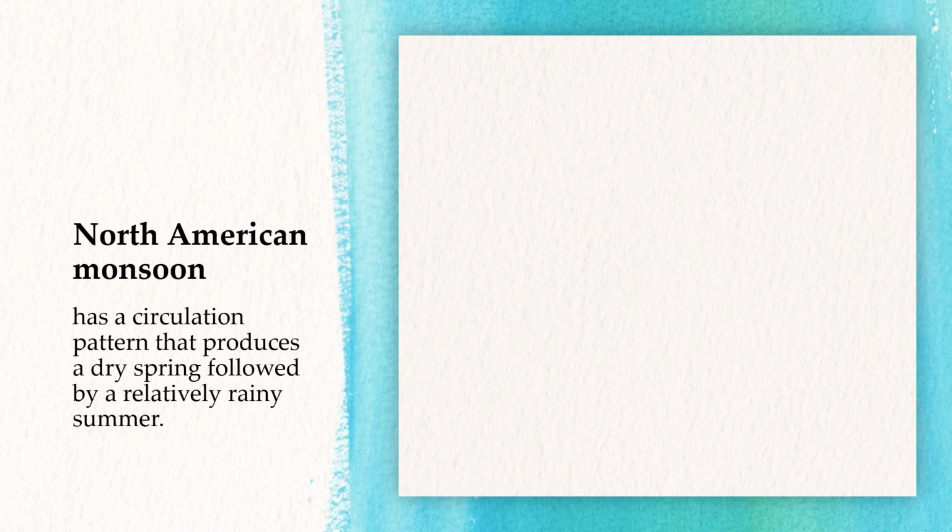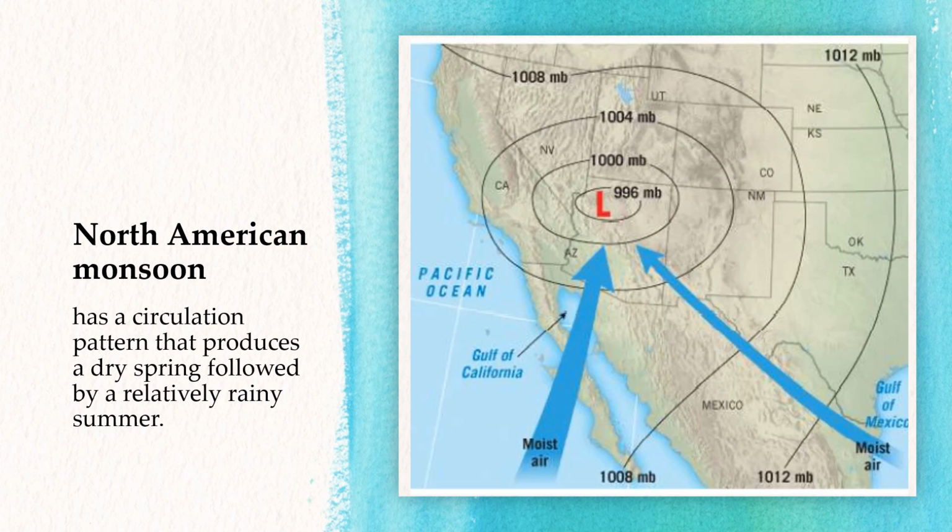And we have the North American monsoon. The North American monsoon is just the same monsoon but happening in North America, and it has a circulation pattern that produces a dry spring followed by a relatively rainy summer. Hot summer temperatures over the southwestern United States generate the North American monsoon, as shown in this picture.